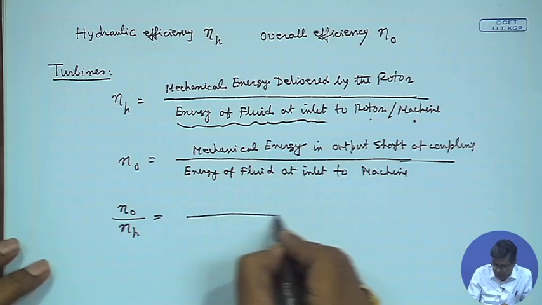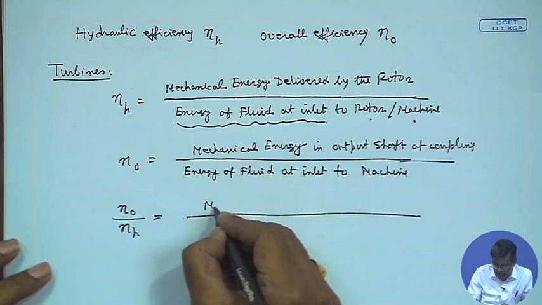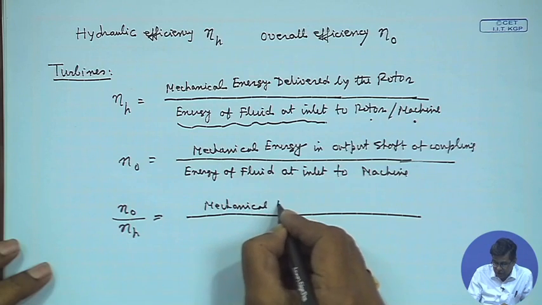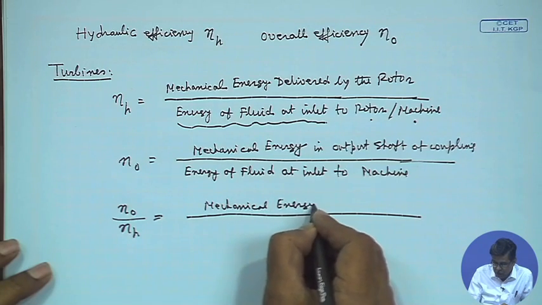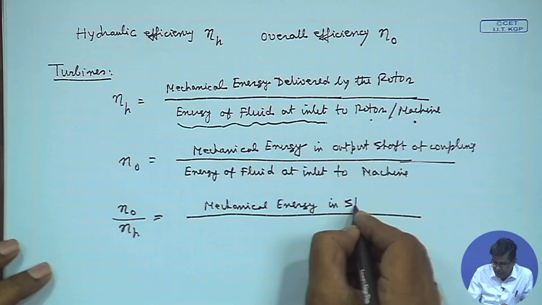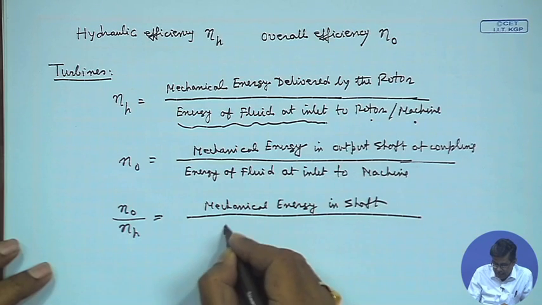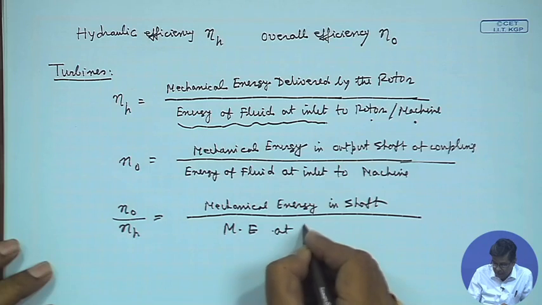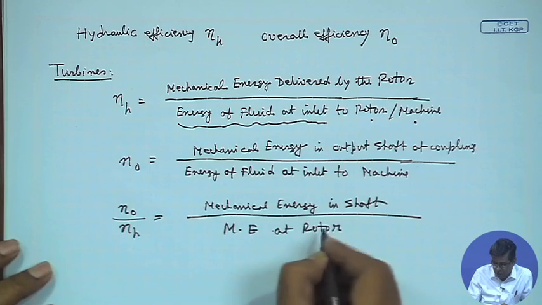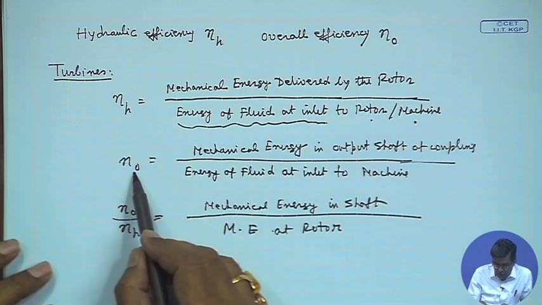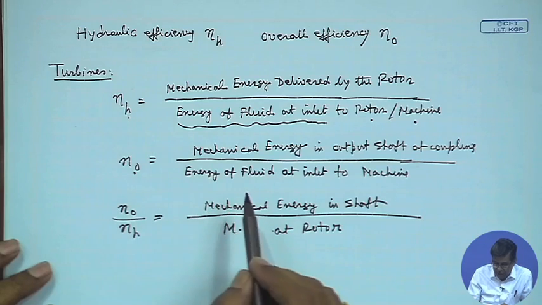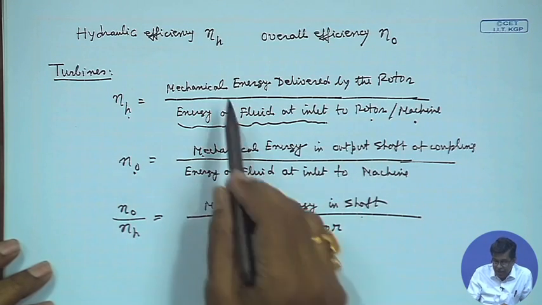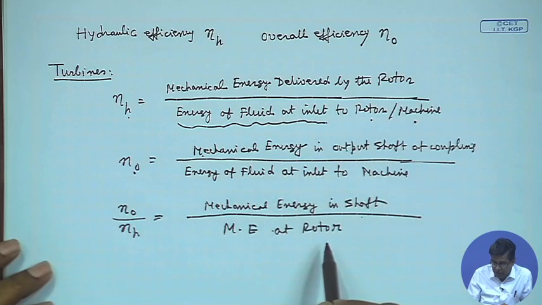What we get is the mechanical energy in the output shaft divided by the mechanical energy delivered by the rotor.